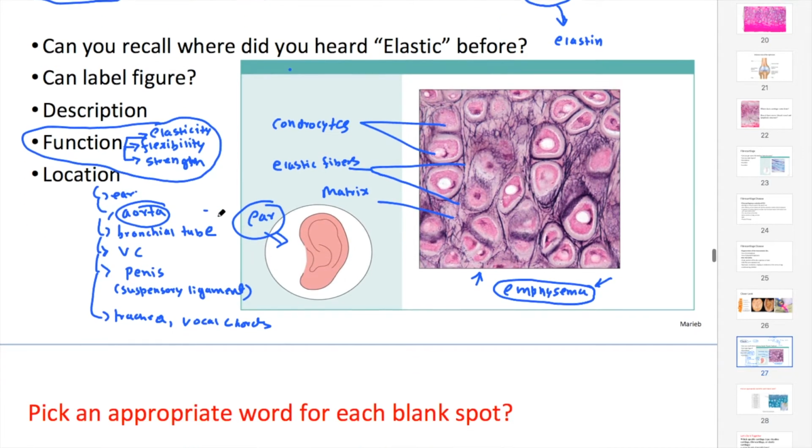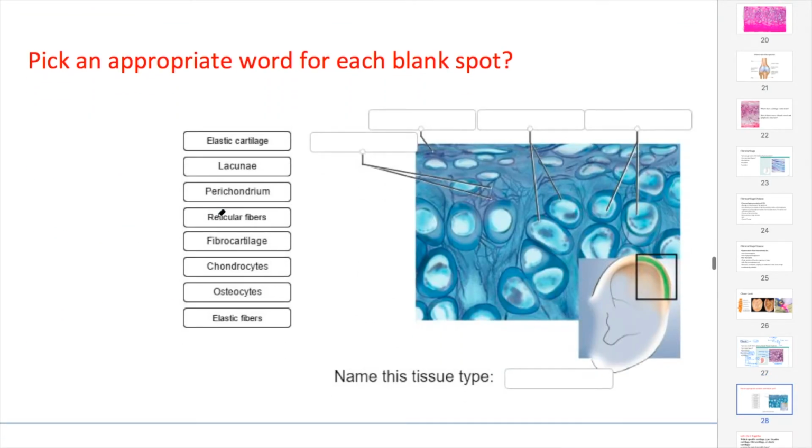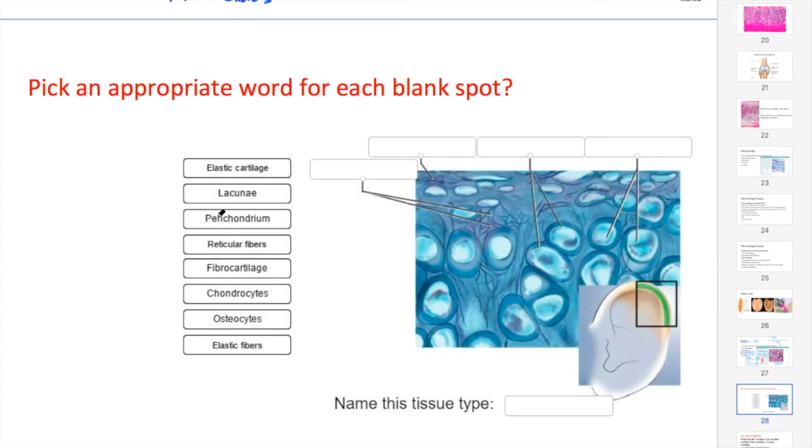Now let's go to the end of the slide. In any type of exam, you might have this type of question and you might have to deal with this. So pick an appropriate word for each blank spot. How are you going to label it? Before you go into detail, what I want to just focus on is this. What is this? This is the ear, right? The outer part.